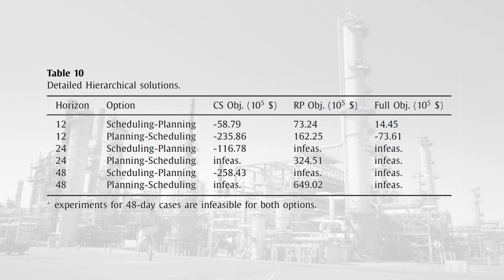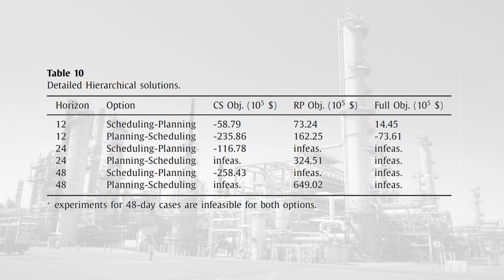Both methods are tested in 3 cases and the computational results are presented in Table 10. The 2 options are stated as scheduling planning and planning scheduling, which explicitly represent the sequence applied for solving CS and RP. The objective value is determined by the sum of the individual CS and RP objectives.